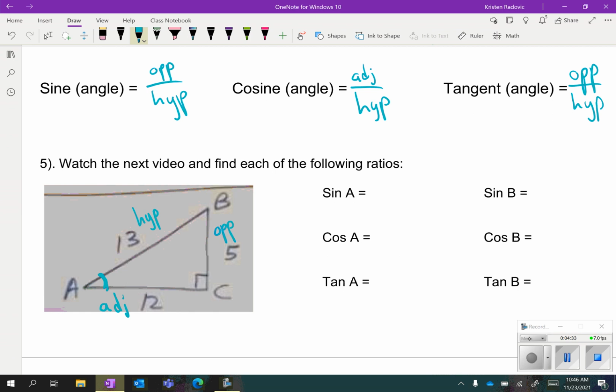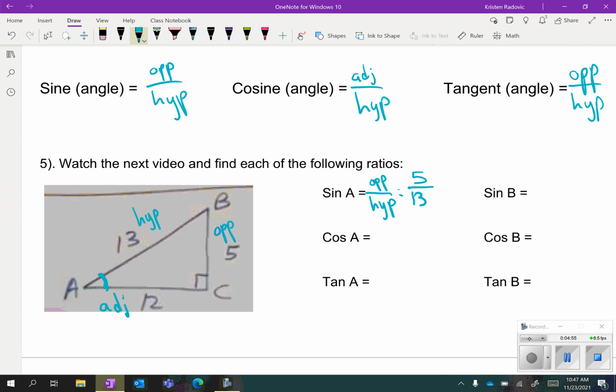From there, we're going to remember Sohcahtoa. So sine is SOH, which is opposite over hypotenuse. You're going to take a look at your triangle. My opposite is 5, my hypotenuse is 13. And then you're going to move on to the next one.